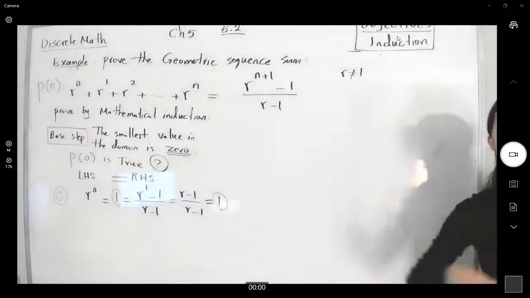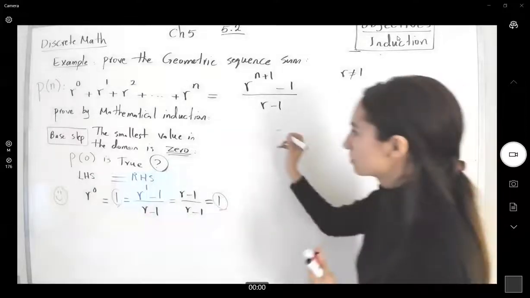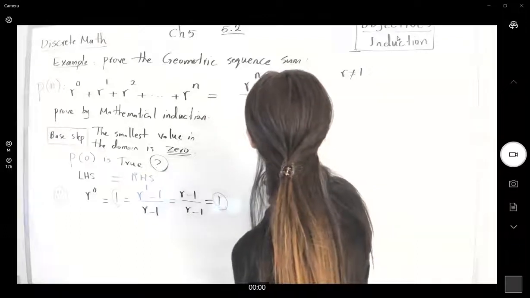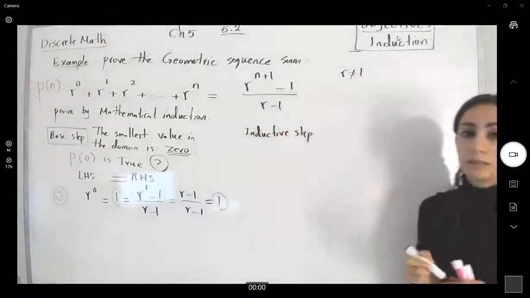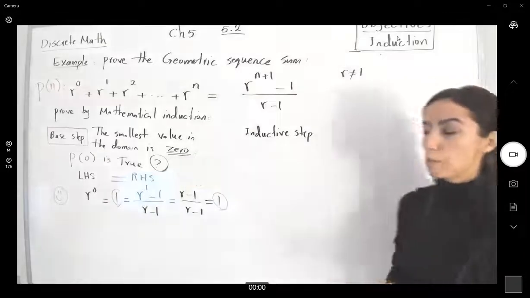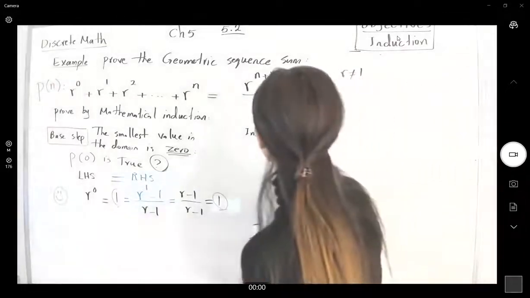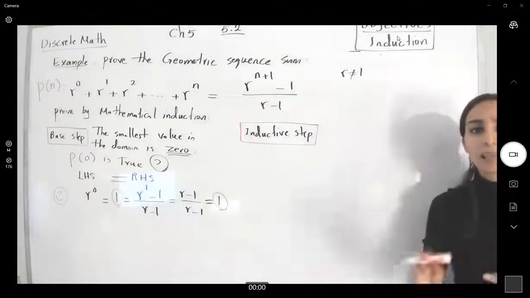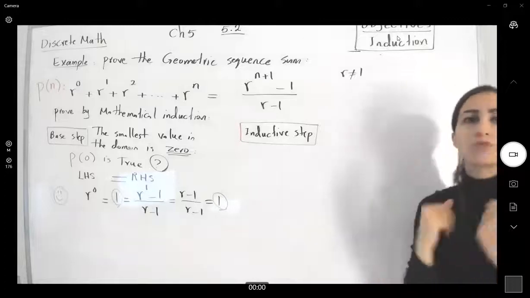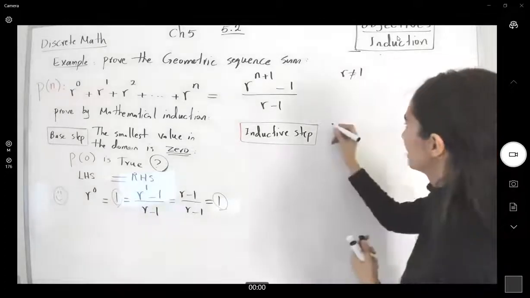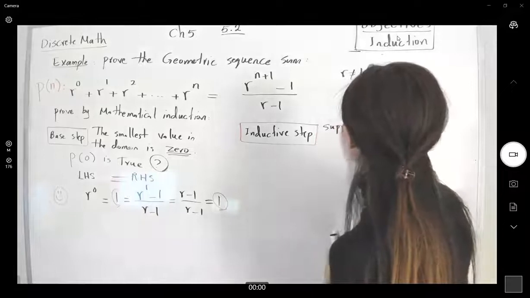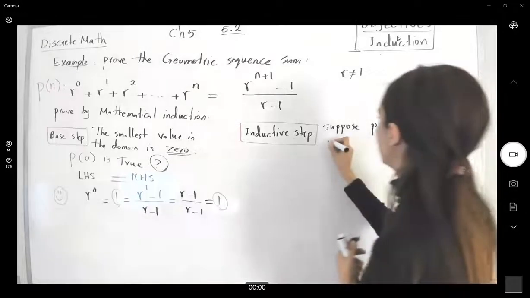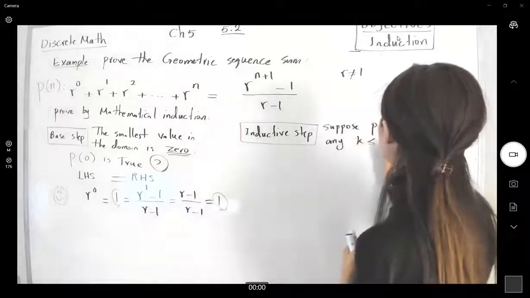Now let us move on to the inductive step. Inductive step says, okay, now that we showed that the base step is true, suppose this formula is true for any k less than or equal to n. We need to have something to work with. Suppose P is true for any k less than or equal to n.